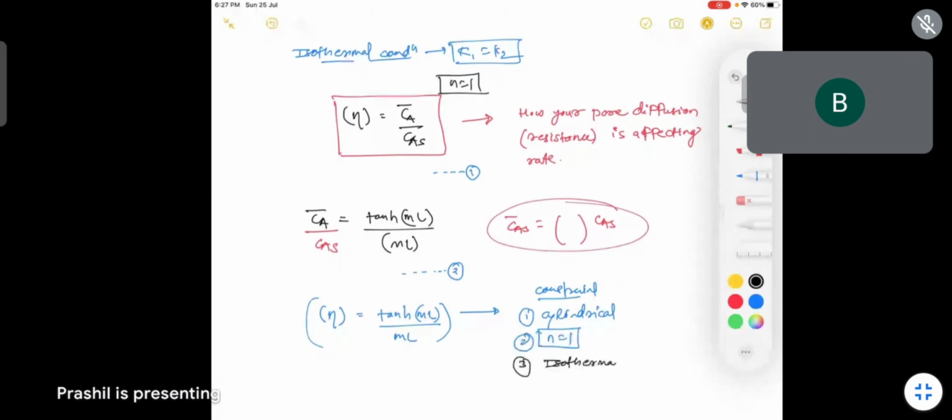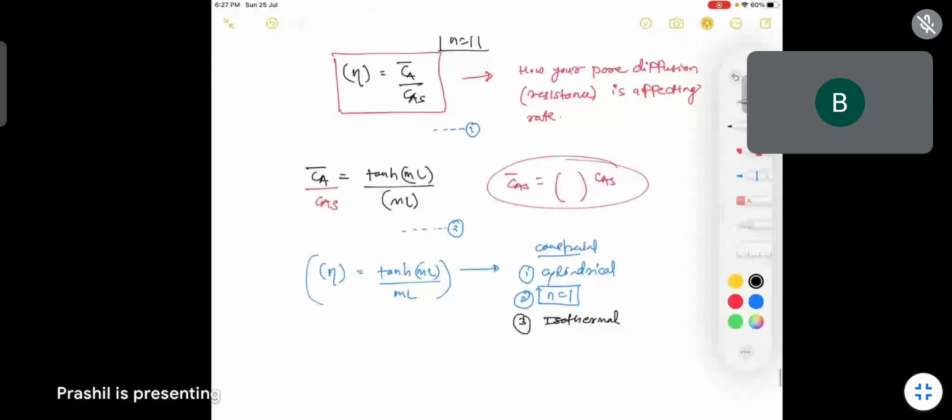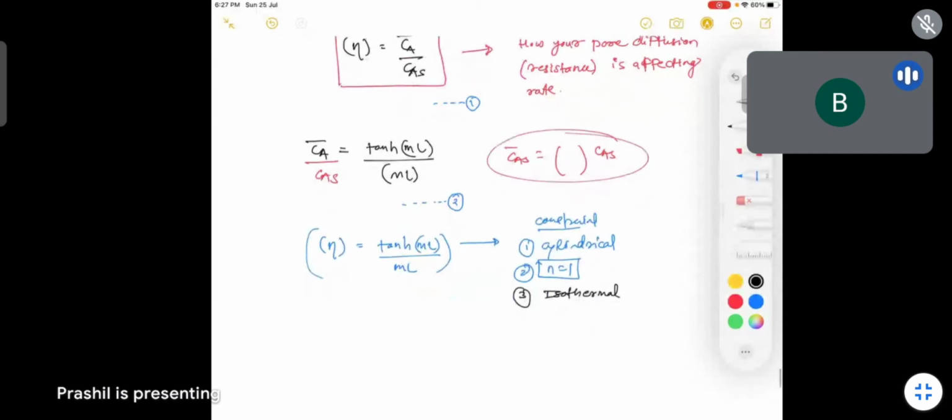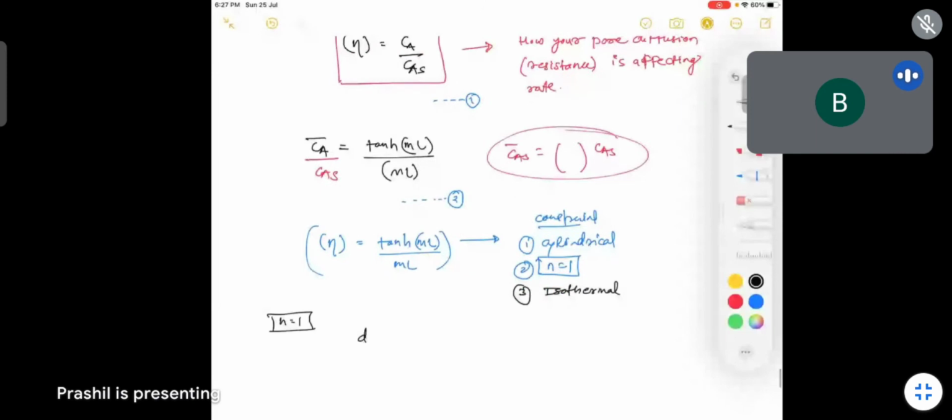Okay, so for nth order reaction, that is n higher than 1, what was our equation when n is equal to 1? When we did the balance, that is d square Ca divided by dx square plus m square Ca, right, is equal to 0. So this was our equation when the order of reaction was 1.